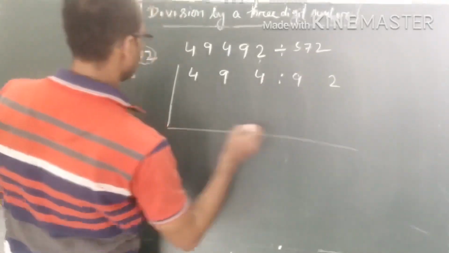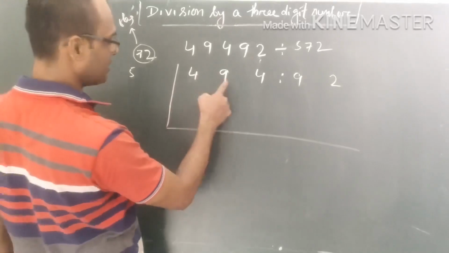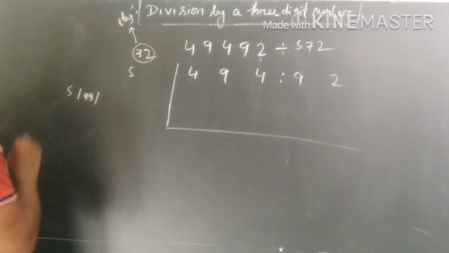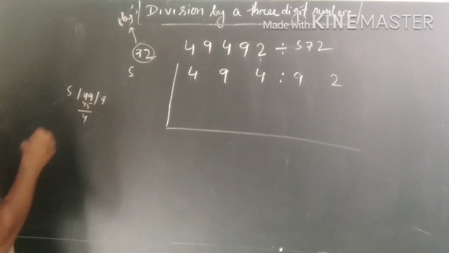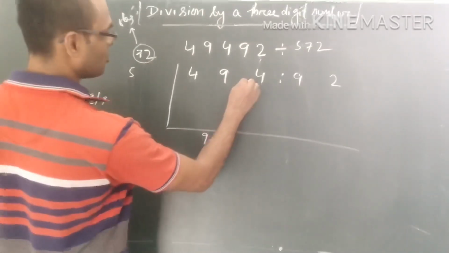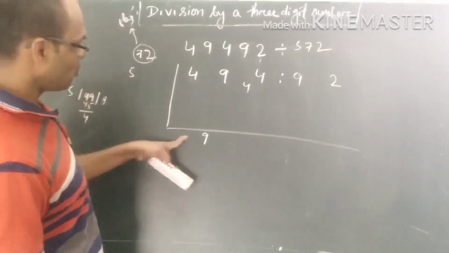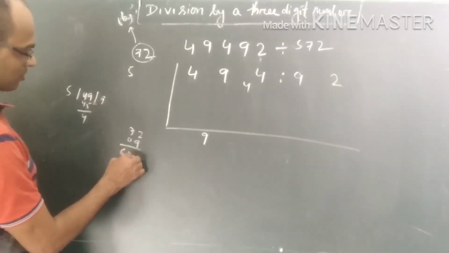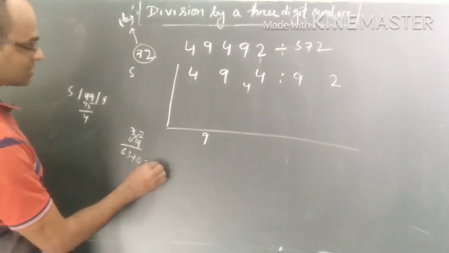Now the first 4 is not divisible by 5, so you have to take 49. 49 divided by 5. 5 into 9, 45, remainder is 4. So put 9 here, put 4 here. But 72 with 09, if you take the operation, you will get 63 plus 0, which is 63.